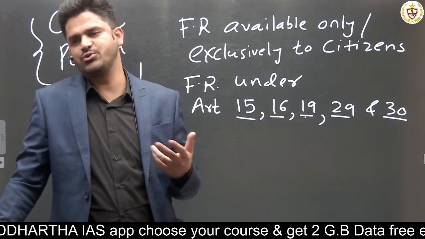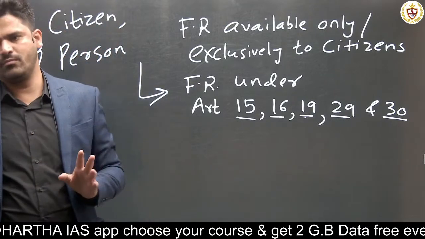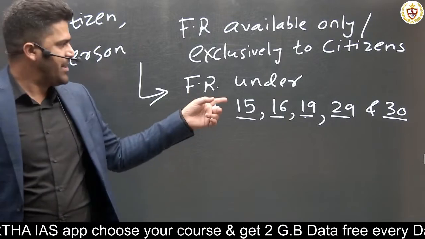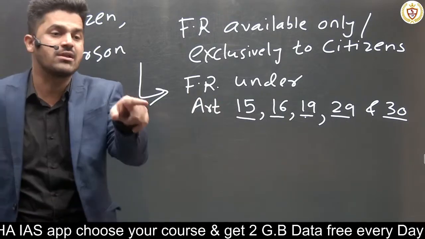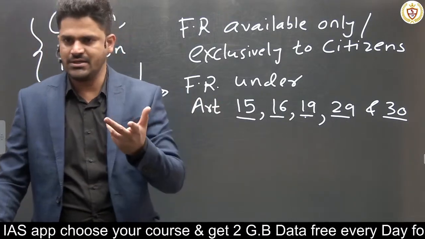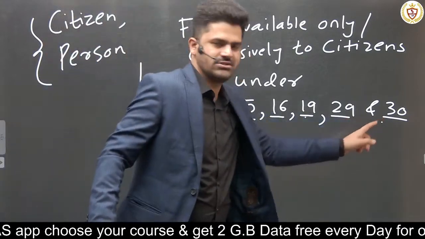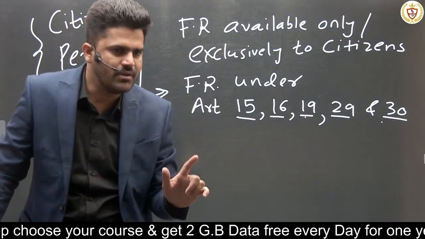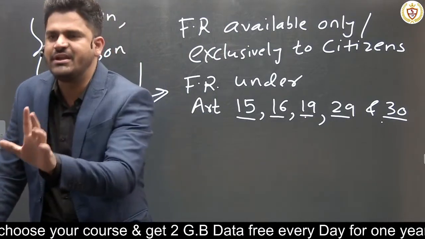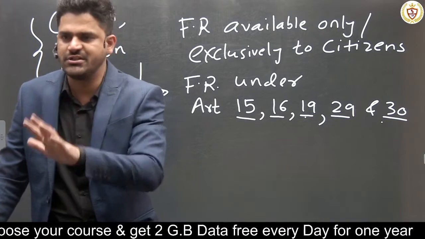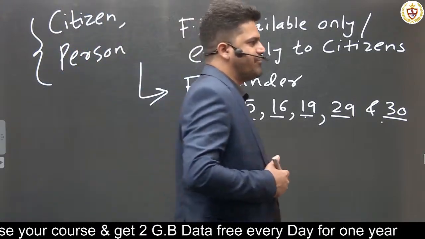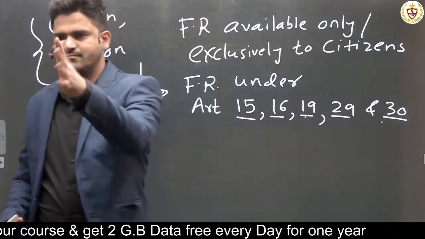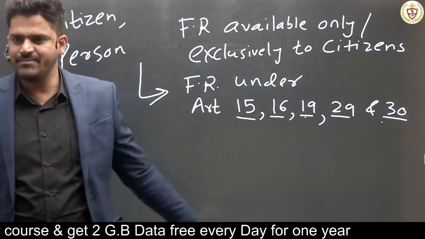They can establish educational institutions of their own, and the state shall not discriminate against minority educational institutions while giving grants or financial assistance. That is what Article 30 is. So these 5 fundamental rights are available exclusively to Indian citizens. They are not available to foreign citizens. Can foreigners claim freedom of speech and expression in India as a fundamental right? No. Understood these 5 rights?